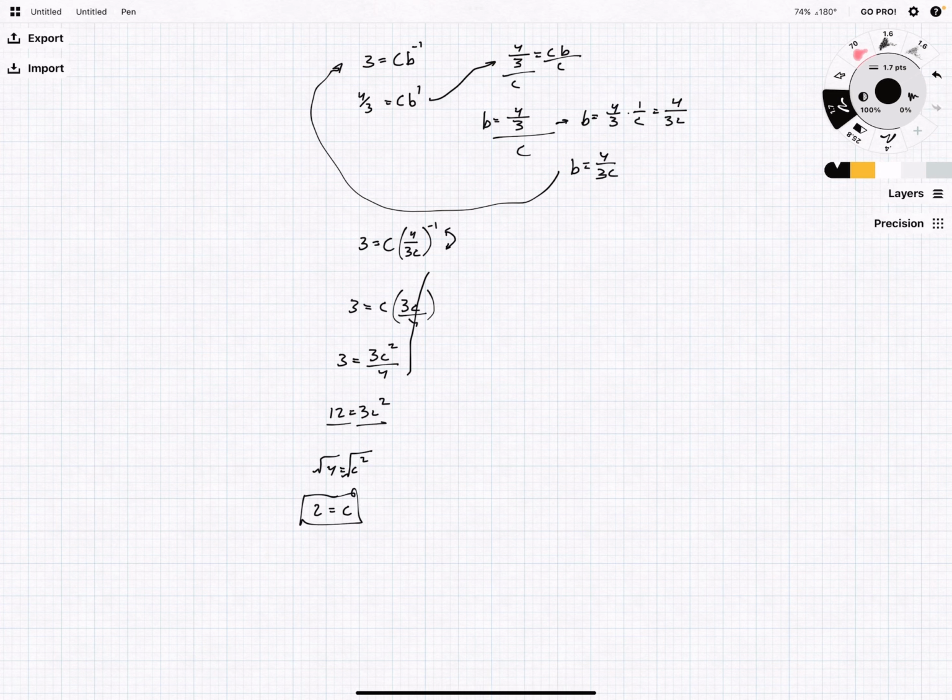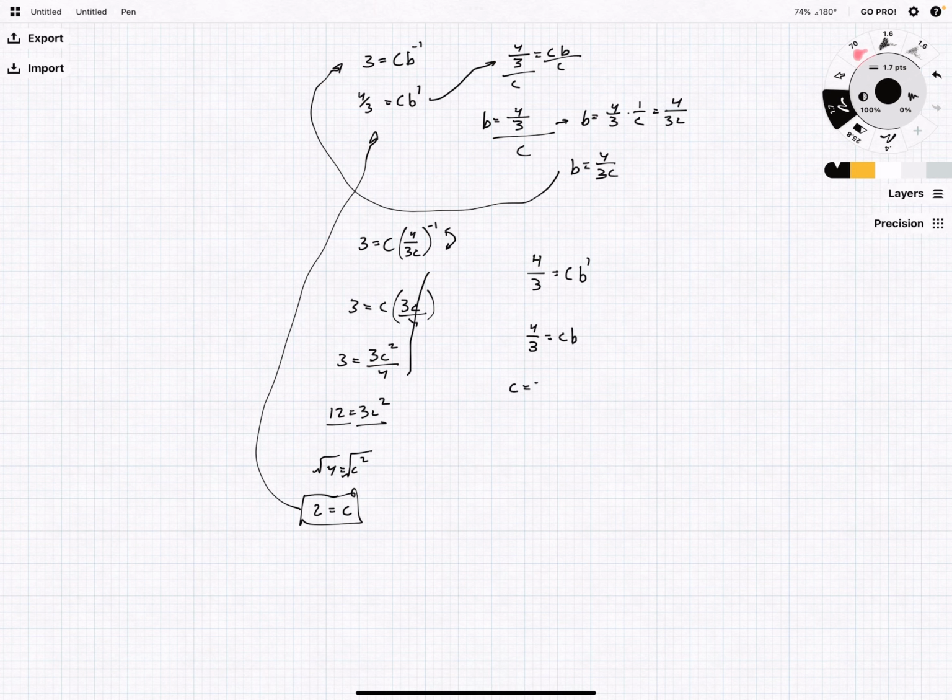Great. Now, let's use this for this function here. 4/3 equals c times b to the -1. Oh, not -1, my apologies, to the +1. Well, again, that's just 4/3 equals cb, and c equals 2, so that's nice.